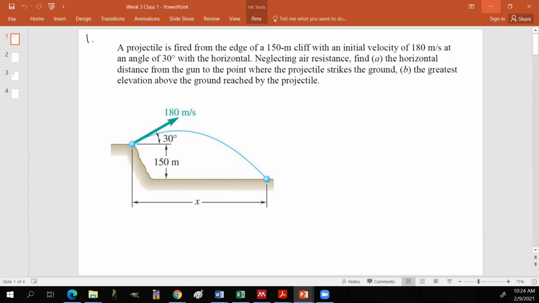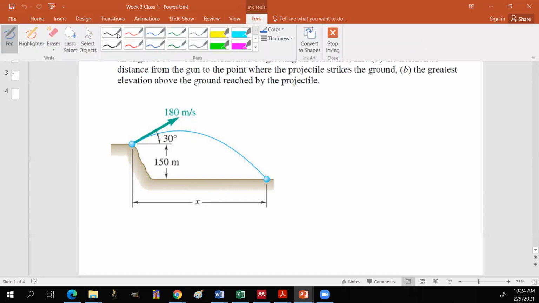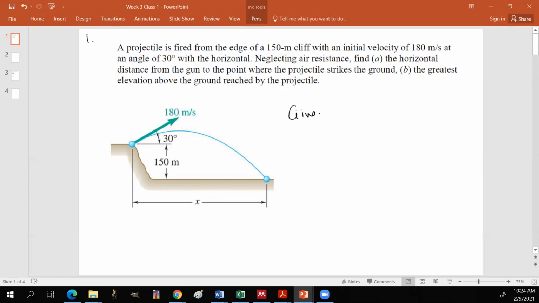All right. So what you're given in the problem is your initial velocity, which is 180 meters per second, and your original position is at 150 meters, and you know that the acceleration is in the negative direction. So if our coordinate frames are in the x and y axis, this will be minus 9.81 meters per second squared.